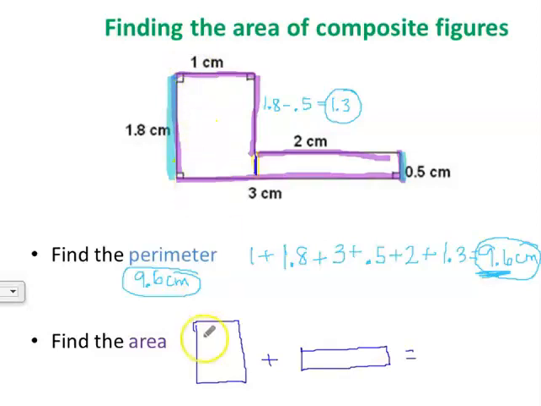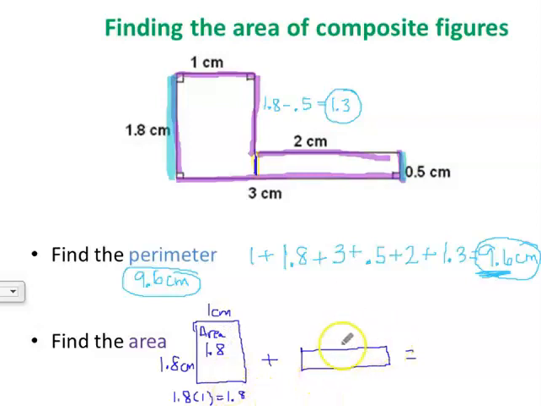We know the bigger one has a side length of 1 centimeter and a height of 1.8 centimeters. Remember, to find the area, we take the base times the height. So we're going to take 1.8 times 1. Pretty easy, right? 1.8. That's the area of this one. I'm just going to put it inside there, so it's 1.8.